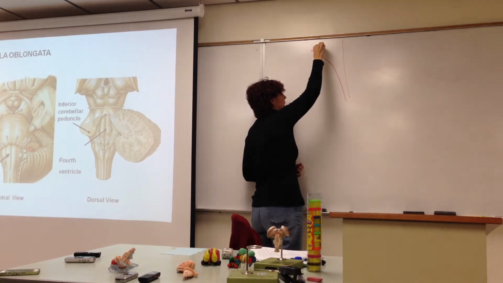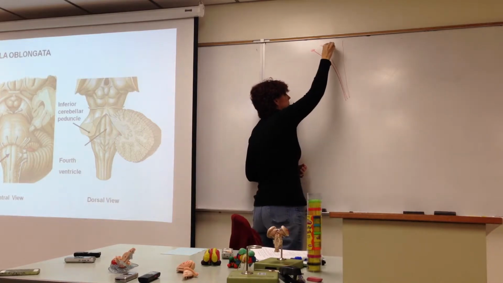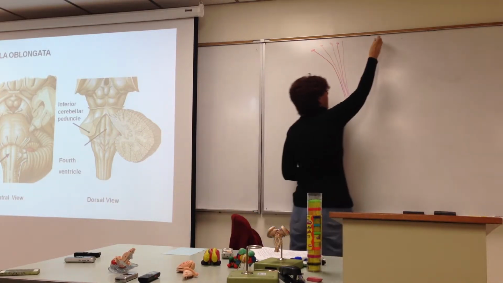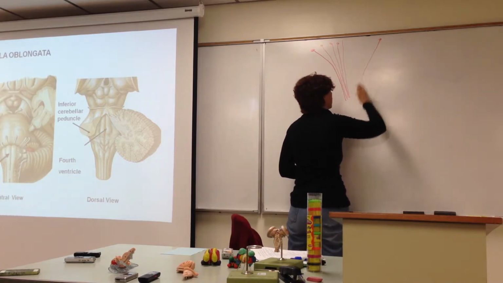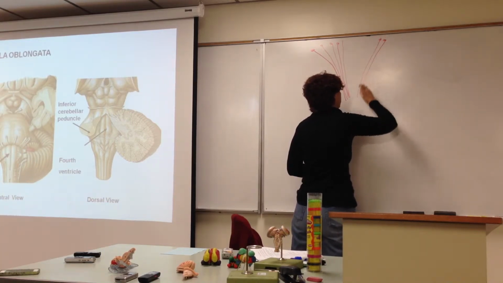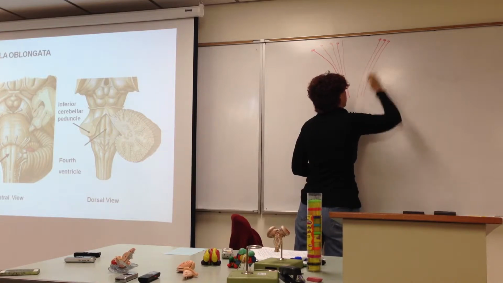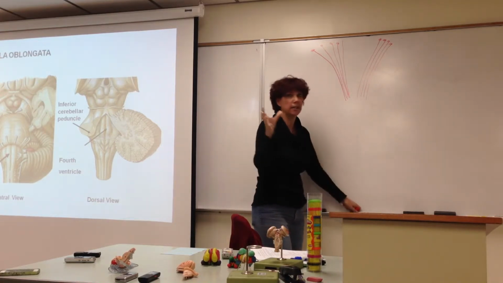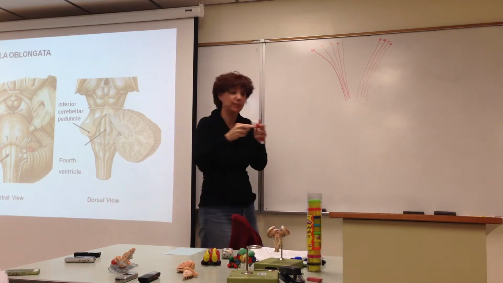midbrain structures that we'll come back to and talk about. So give me a chance to draw these, and then I'll label structures for you. I'm trying to help put things together here some more.